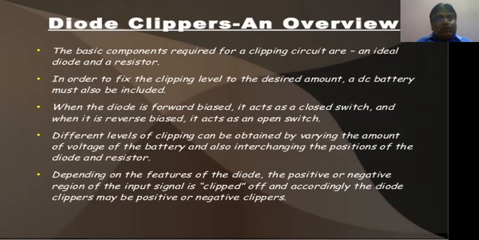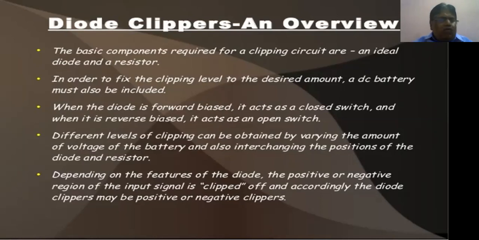Whenever a DC battery is connected to the circuit, that is biased. Without a DC battery, that is unbiased. This is the fundamental truth of biased and unbiased.